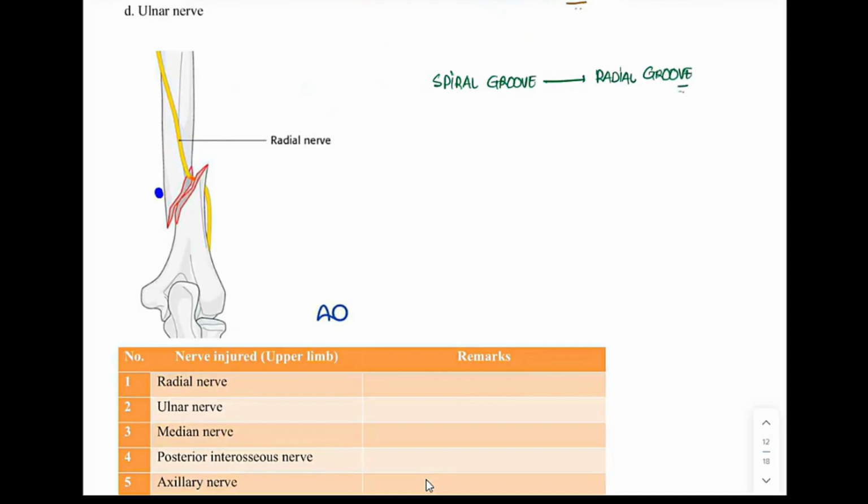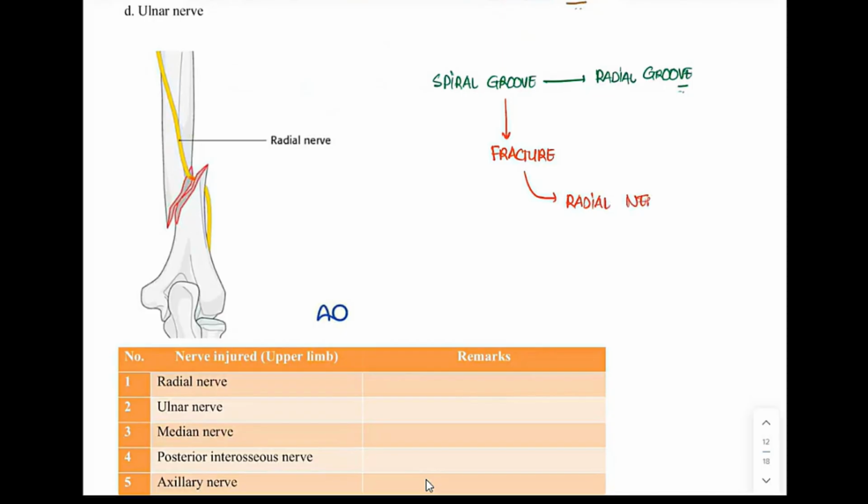Whenever there is fracture of mid shaft of humerus, the radial nerve can get entrapped and injured. So if there is any fracture involving this particular area, it can cause injury to the radial nerve.